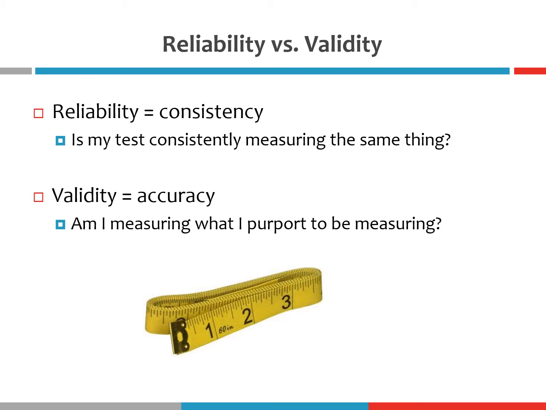And I think we can all agree that the circumference of the head is probably not a good index of intelligence, right? So what we have here is a very reliable or consistent test or instrument, but not a very valid one, right?